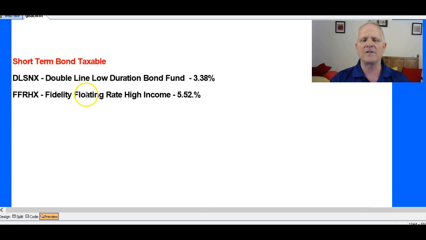Then you've got the Fidelity Floating Rate Income Fund. It's 5.52% right now. It's very short-term maturities. A little bit more risk in these because they're a higher return, but what makes it safer is that they're very short term. You're not going out and locking in your money for a long term.